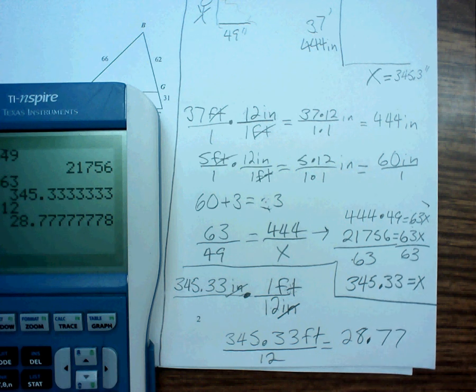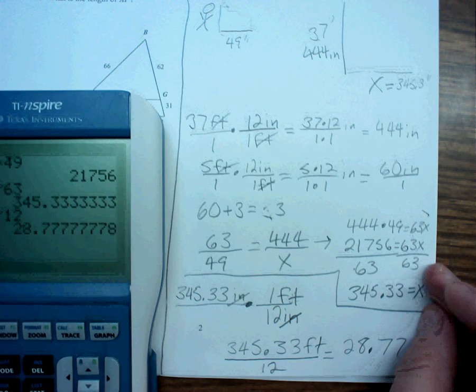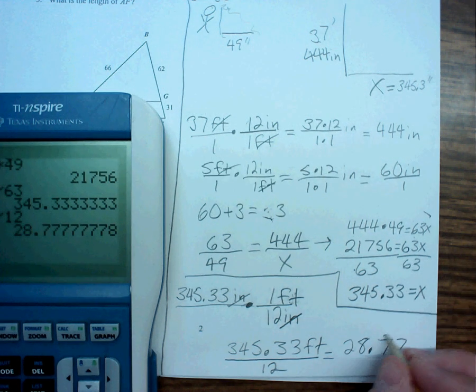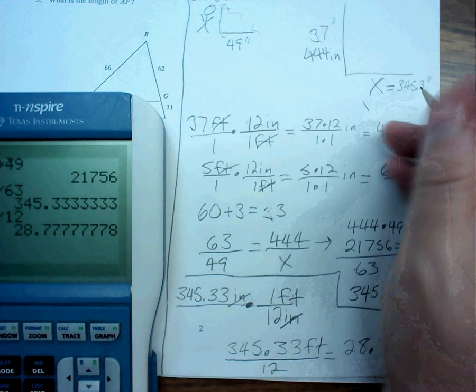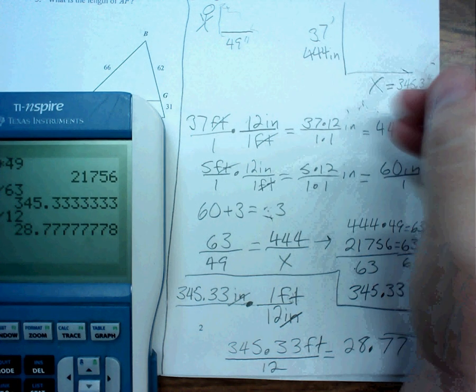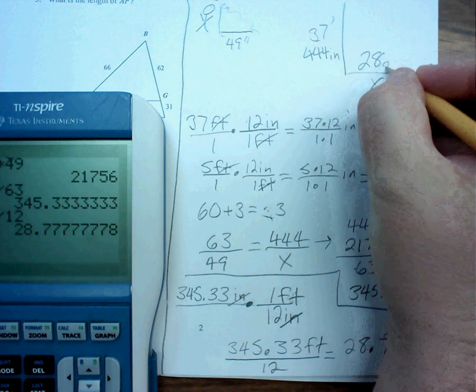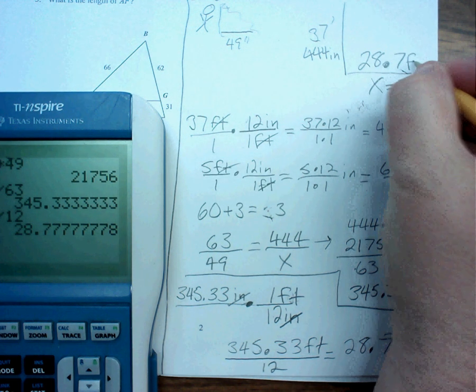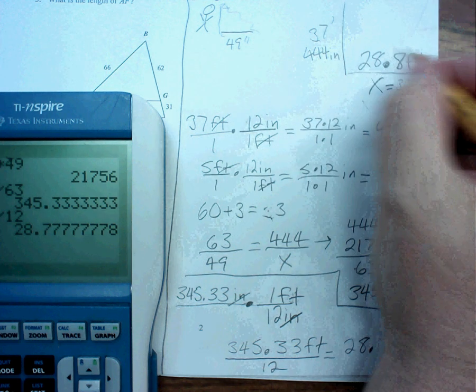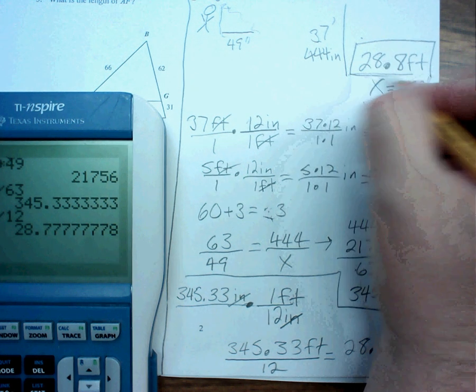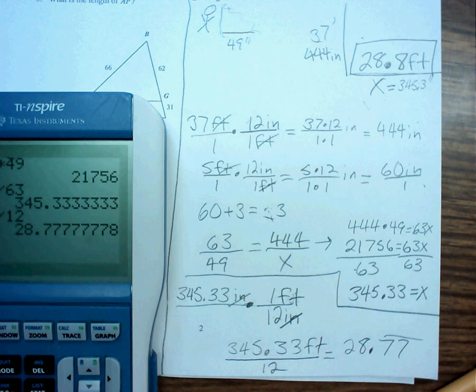So what can my shadow be if I round to the nearest 10th? X, the shadow could be 28.8 if I round up. So my shadow can be 28.8 feet if I round up.